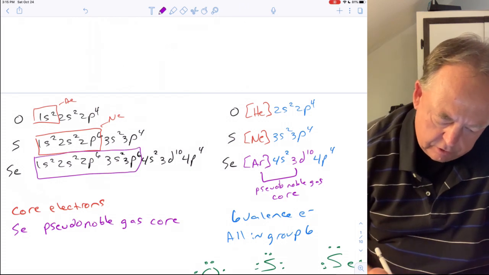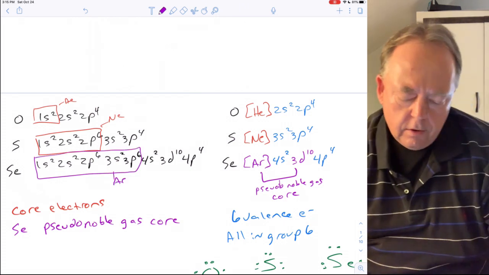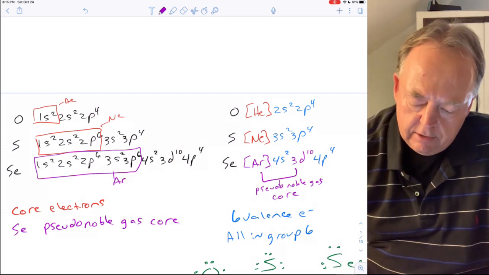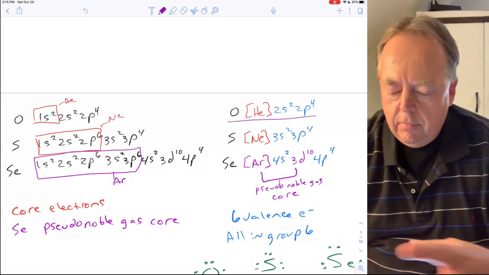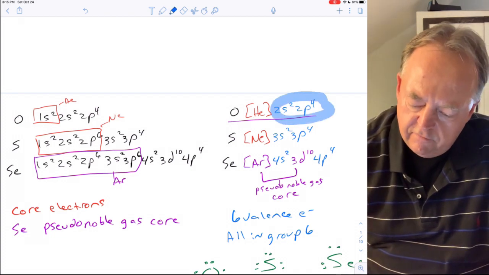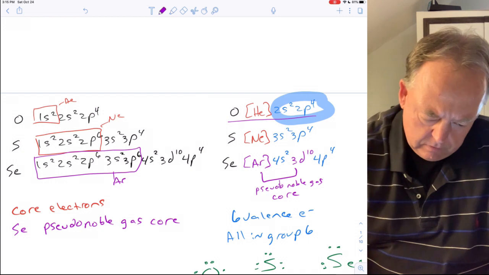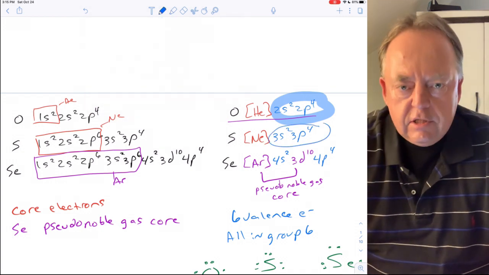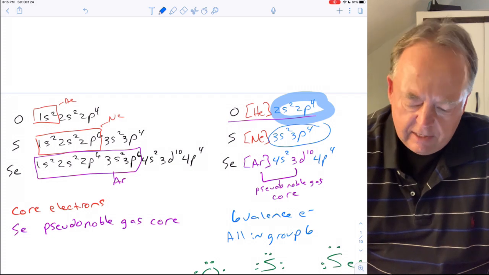That would be its noble gas core. If we write this in shorthand notation, as I've done on the right, oxygen is helium and then 6 electrons beyond the core. So those 6 electrons would be the valence electrons. And the same for sulfur: 6 electrons beyond the noble gas core, so 6 valence electrons.